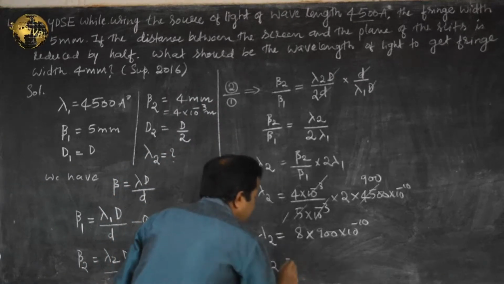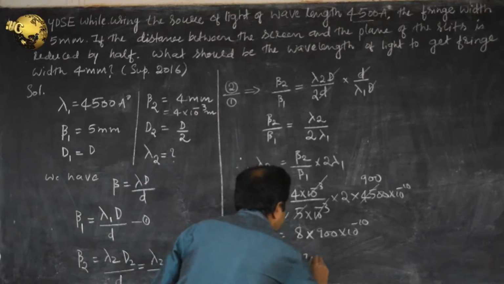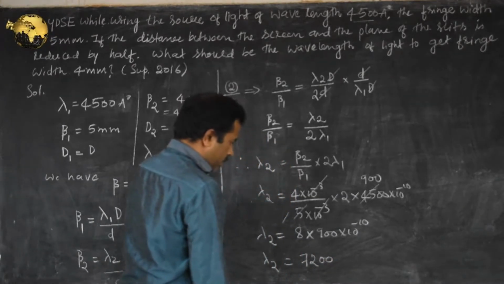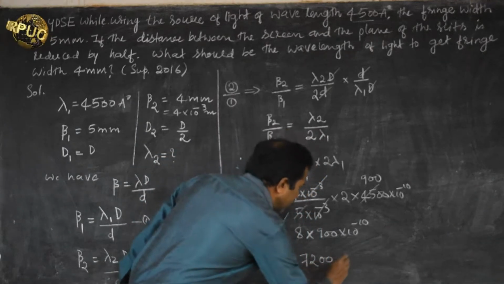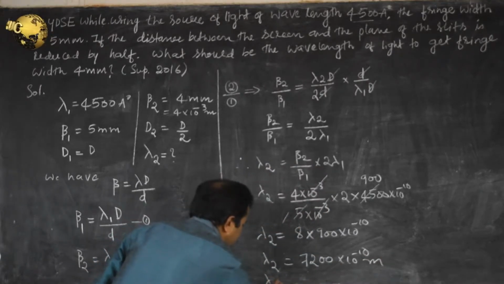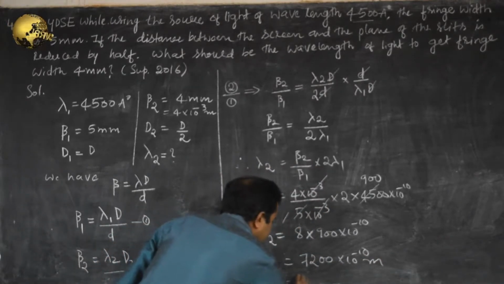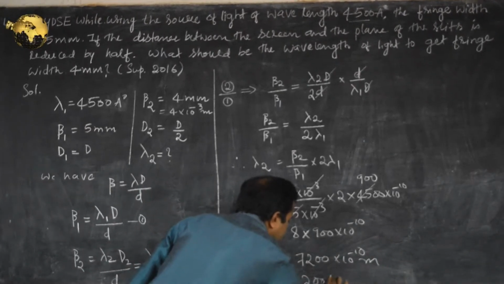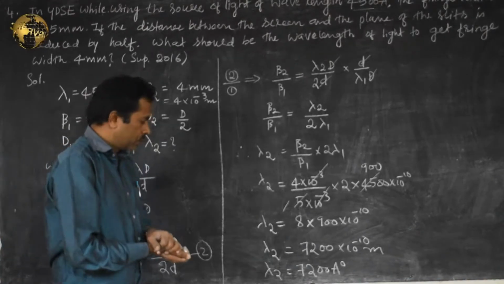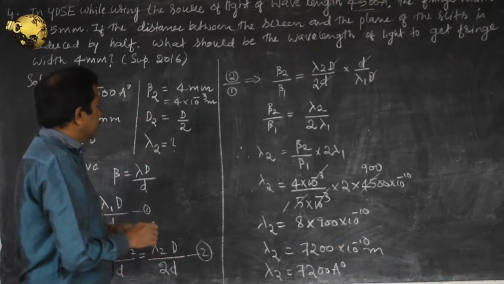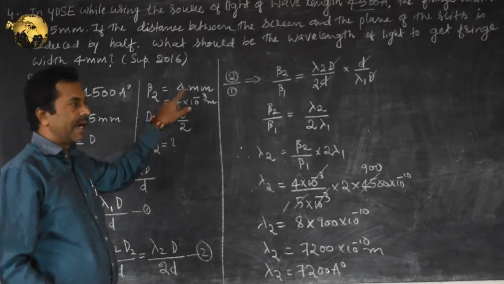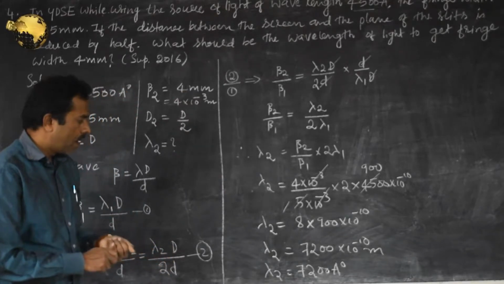And lambda 2 is equal to 7200 into 10 to the power minus 10 meter. So now lambda 2 is equal to 7200 angstrom. So this is the required wavelength of light to produce the fringe width of 4 millimeter when the distance between the slit and the screen is reduced by half.